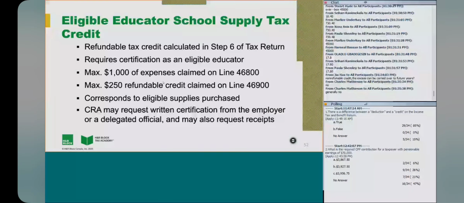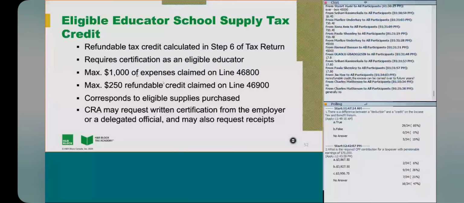Now, another employment-related tax credit is the eligible educator school supply tax credit. This is a refundable tax credit calculated in step 6 of the tax return. This one requires certification as an eligible educator, and you can claim it for up to $1,000 of expenses. Now, definitions of all this, these are in the textbook.